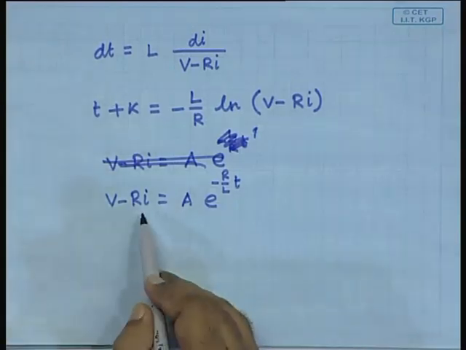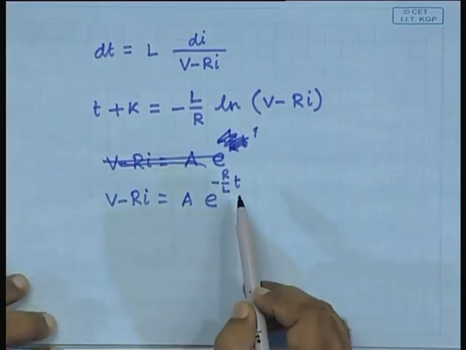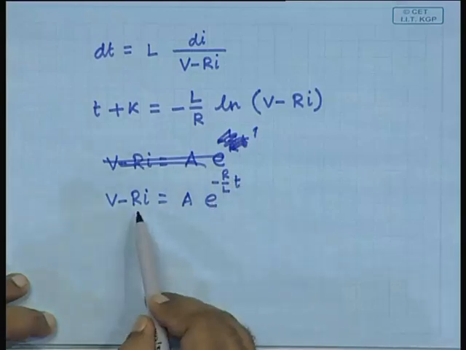Suppose the initial current is 0, which is natural. In that case how will you obtain A? T is 0, so this exponential term becomes 1, and I is 0.